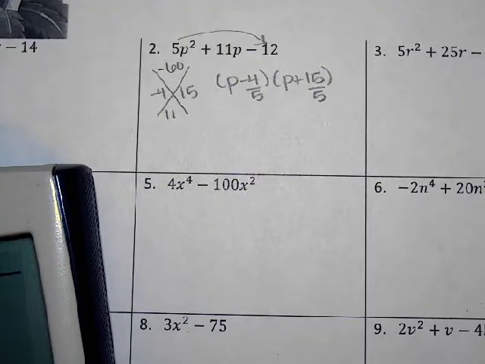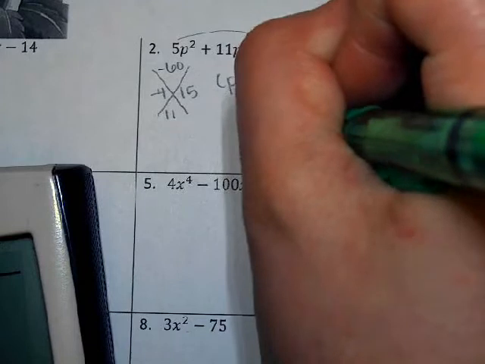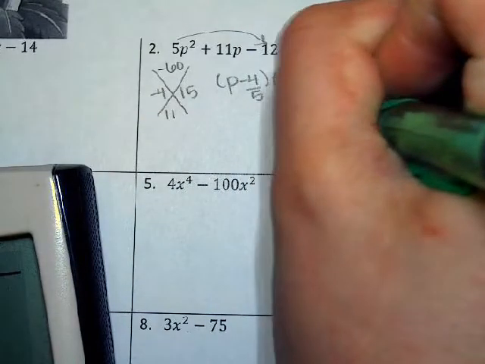Okay, what else do I need to do? Reduce the fractions if you can. So does 4 over 5 reduce? No. Does 15 over 5 reduce? Yes. What does it give you? 3. Okay, so I have p plus 3.